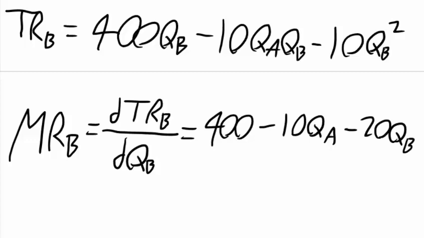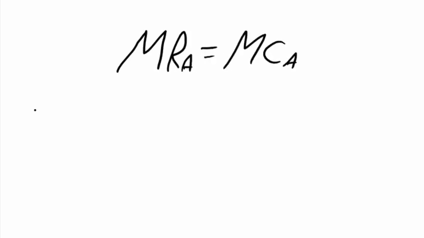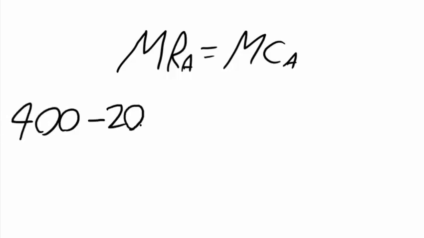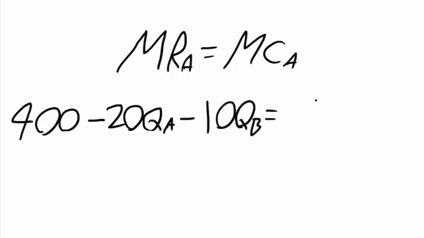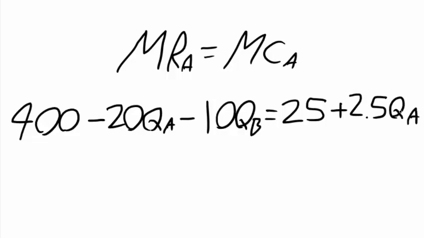So now we have found marginal revenue of B, and we also have marginal revenue of A, as well as our two marginal costs. So now we can start profit maximizing. If I were to start with the marginal revenue and marginal cost of A, we would have MRA equals MCA, and so we would have 400 minus 20 QA minus 10 QB equals 25 plus 2.5 QA.